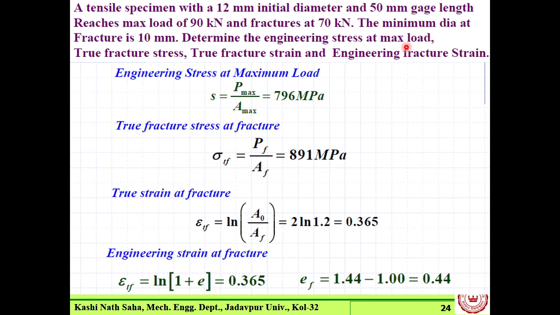Determine engineering stress at maximum load, true fracture stress, which is the true value, and true fracture strain. Engineering fracture stress is clearly 70 divided by the area corresponding to 12. Now you would be able to solve this problem, right? Everything is known to you, some mathematical relations are there, you have to put in those values.